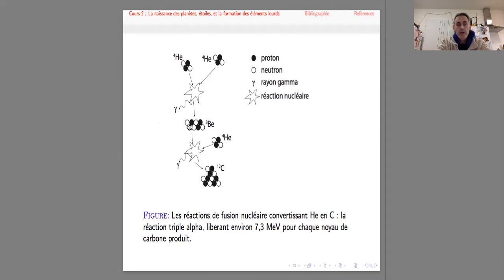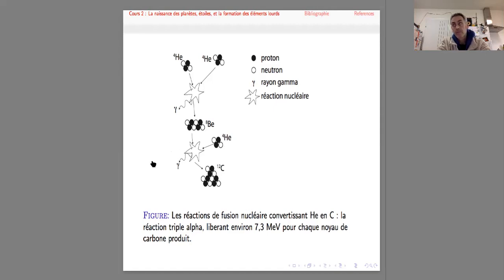Then you have a very unstable beryllium-8 nucleus. It would normally only last for fractions of a second. But if this reaction is going on often enough, there's a certain window of opportunity where these unstable particles are around, and if they react with another alpha particle, another helium nucleus, then you have the possibility of another nuclear reaction.